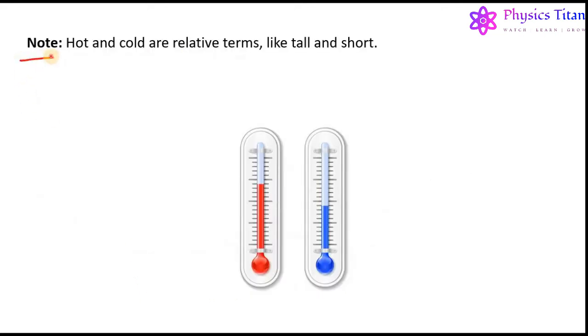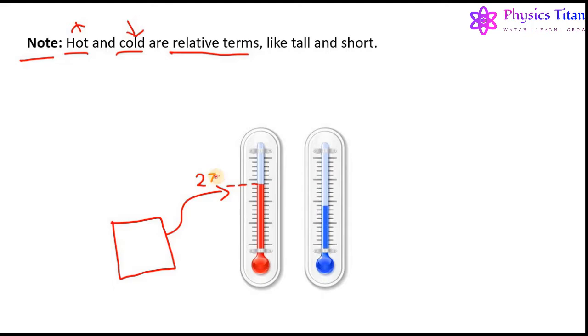Now there is a note over here, that is hot and cold or higher temperature or lower temperature are relative terms like tall and short. That is, consider an object having temperature 270 Kelvin and another object having temperature 170 Kelvin.